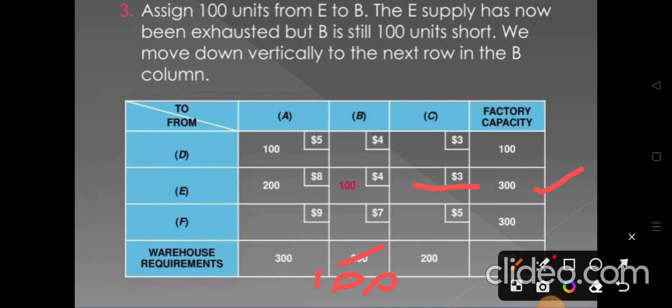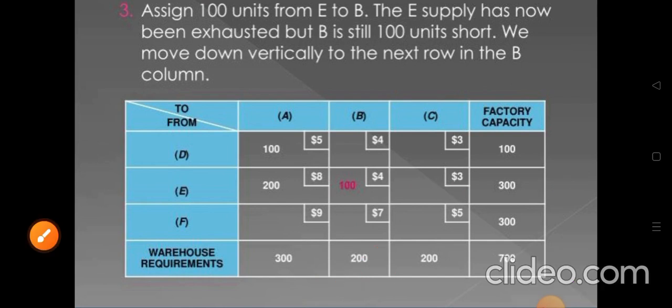Next we are going to allocate in the cell third row, second column, this one. So assign 100 units from E to B. The E supply has been exhausted, but B is still 100 units short. We move down vertically to the next row in the B column.